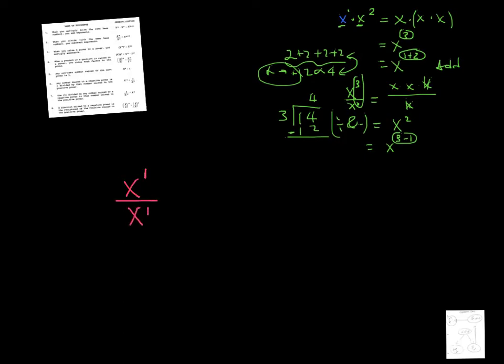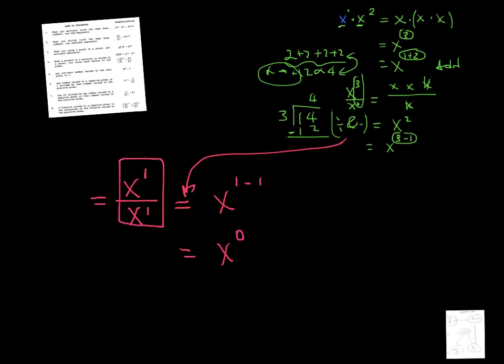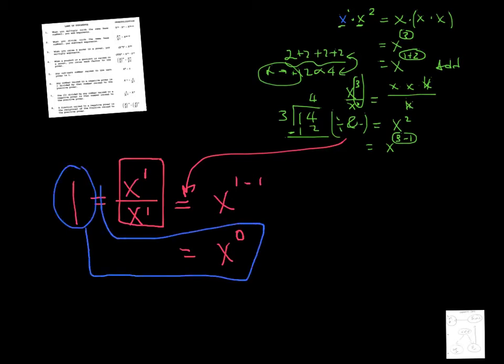Since this is division, we know division is equal to subtraction, so we have x to the 1 minus 1, which is x to the 0. And x divided by x, you know it's 1. So of course 1 is equal to x to the 0. X to the 0 equals 1.